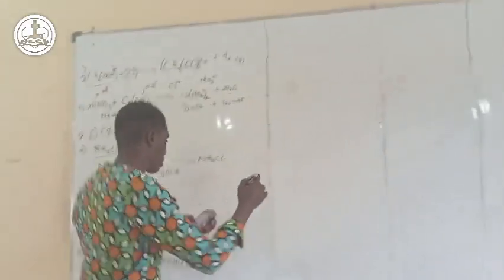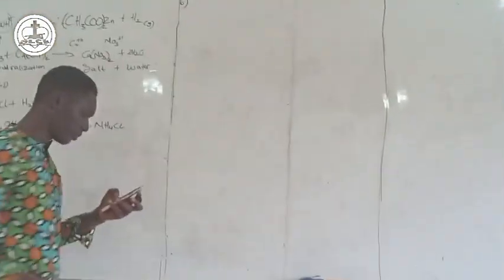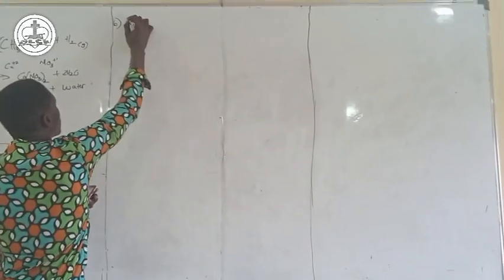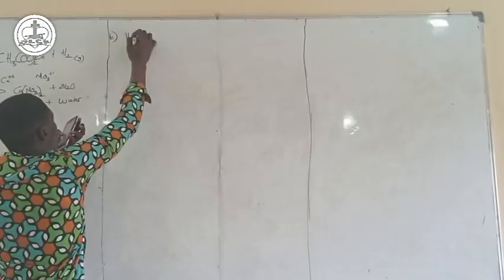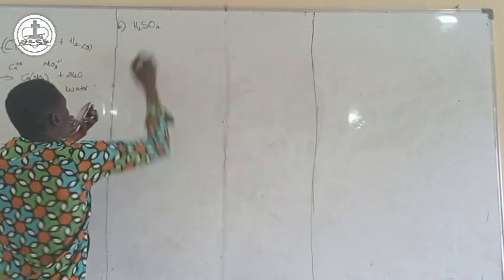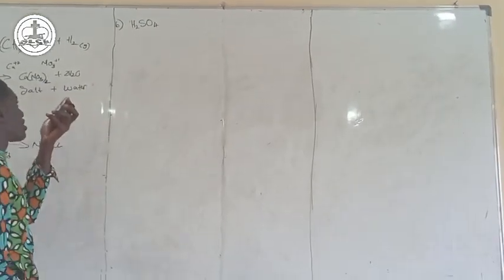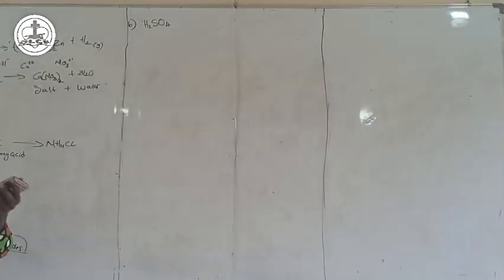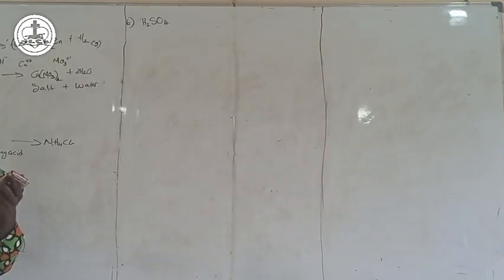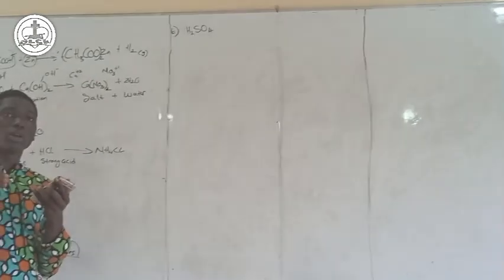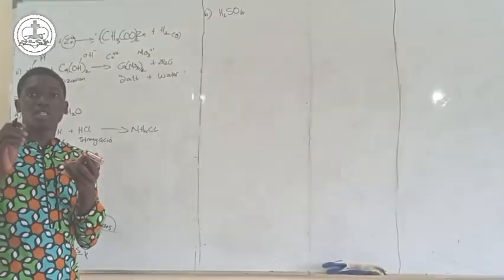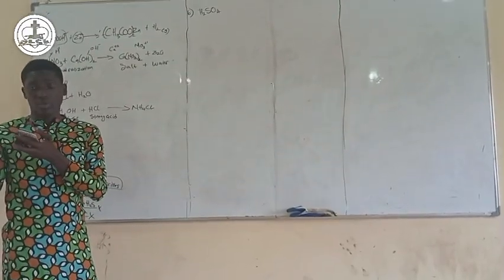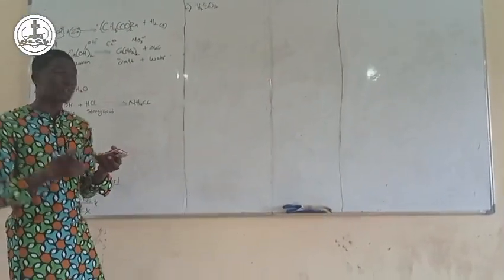The next question is number 6. It says, what is the basicity of tetraoxosulfate 6 acid? Let me write out the formula: H2SO4, tetraoxosulfate 6 acid. Now the basicity of an acid is the number of hydrogen ions it can give out when it reacts with a base, or when it is dissolved in water.